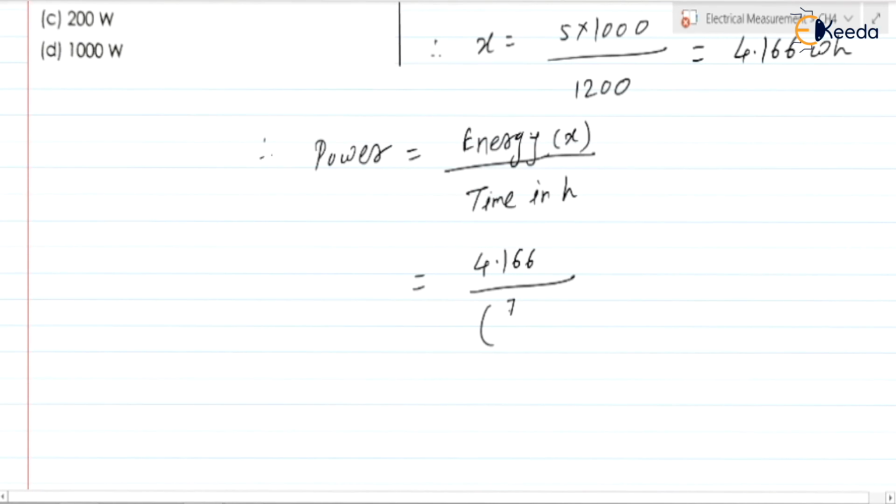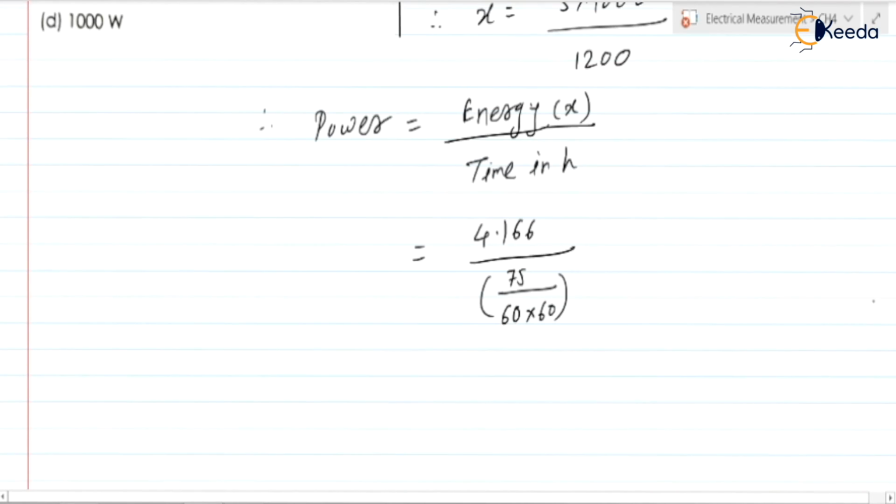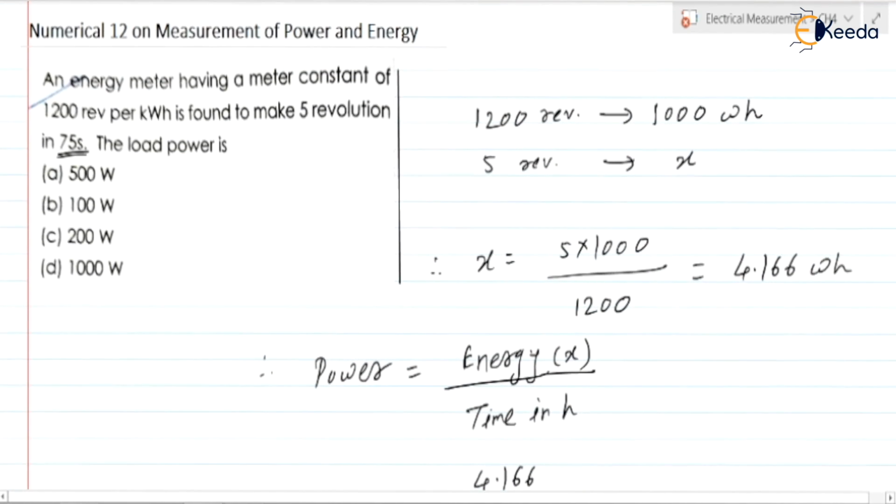Yes, 75 divided by 60 gives minutes, and divided by 60 again gives hours. So it is 4.16 divided by 75 divided by 3600, which is 199.9, roughly 200 watts. So power is equal to 200 watts. If you check the options, the correct option is option C.